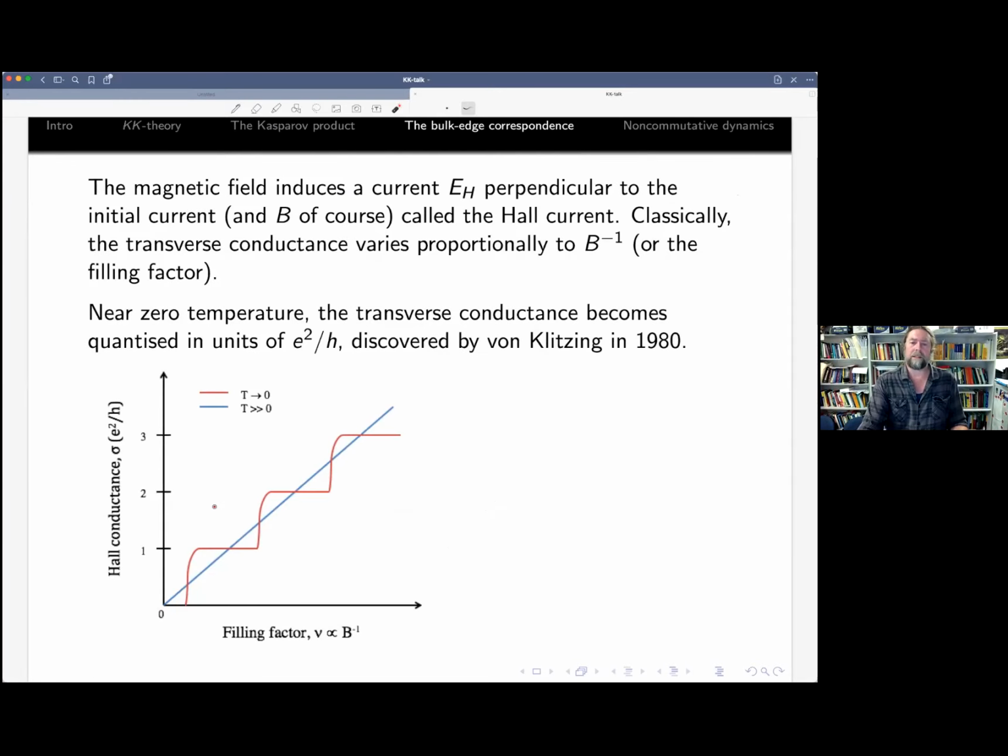The conductance in that direction varies proportionally to 1 on the size of the magnetic field. And so that's a linear relation.